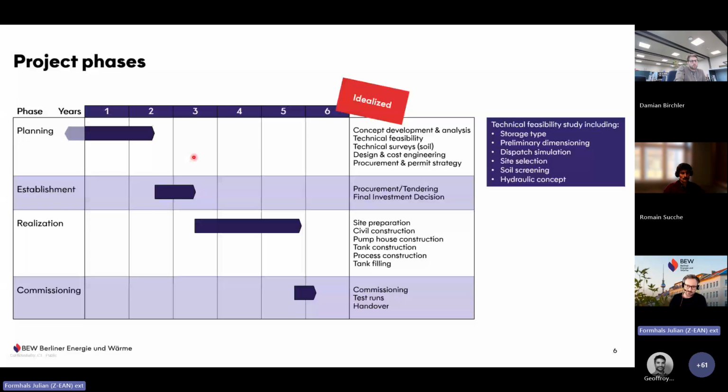Then after the planning stage, obviously the establishment phase, which was about 1 year, the procurement, tendering, and at the end of this, the final investment decision, followed by the realization phase where the tank and all the surrounding systems were constructed, which was a little bit more than 2 years in total.